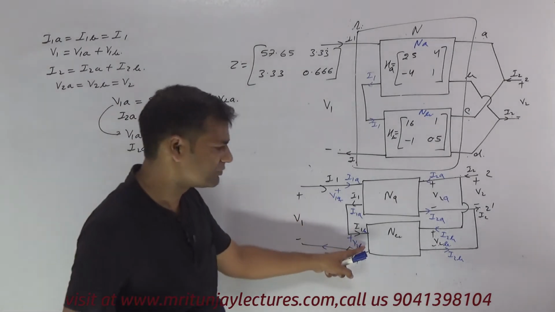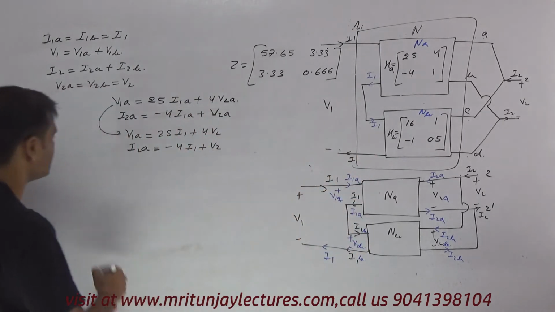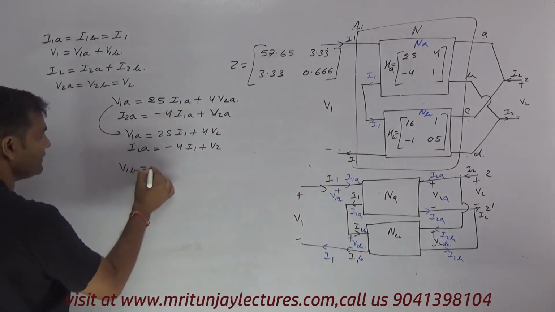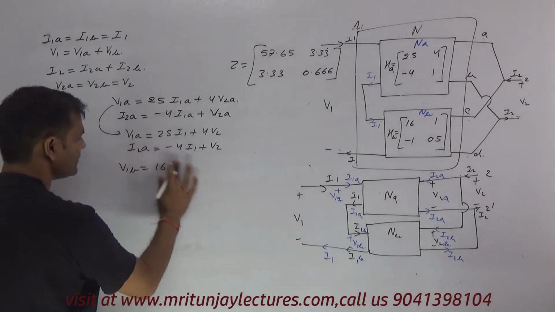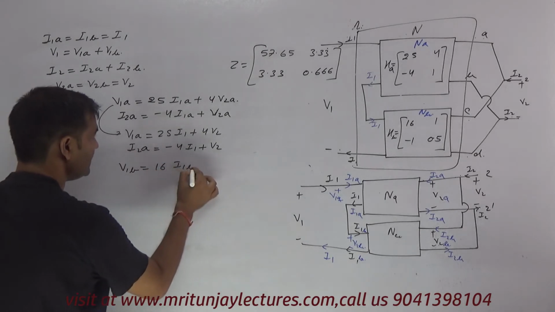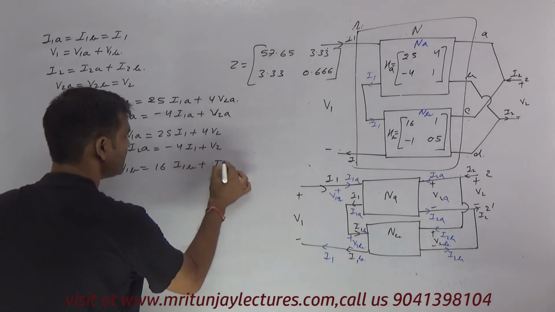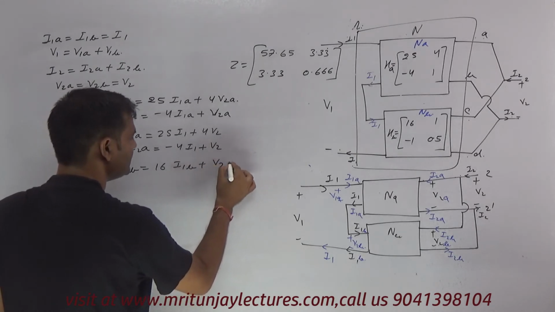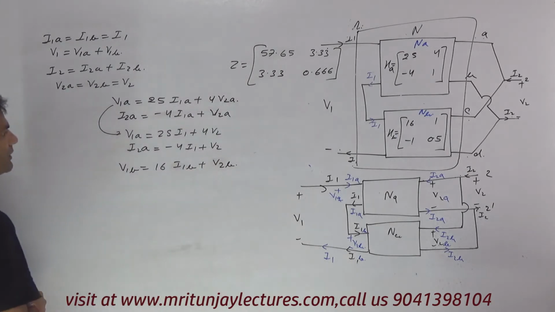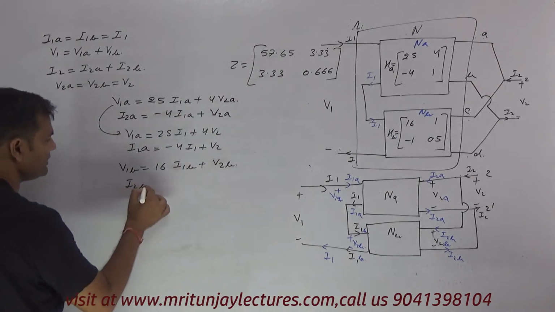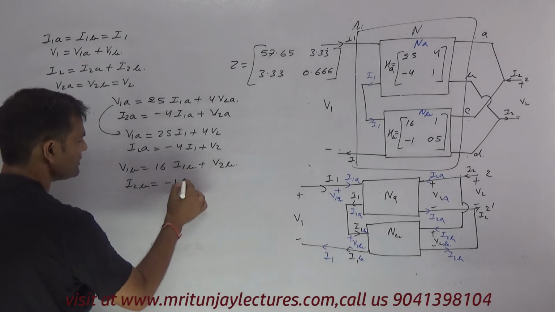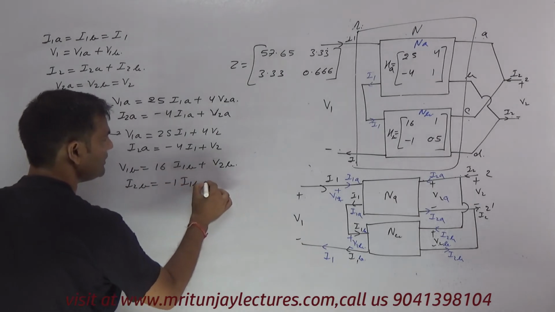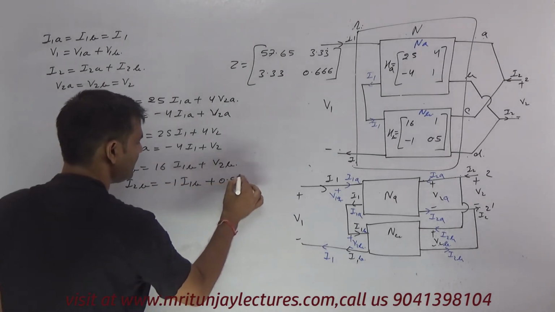Similarly, corresponding to network 2, V1B is 16 I1B plus V2B. Okay, and I2B is written as minus 1 I1B plus 0.5 V2B.